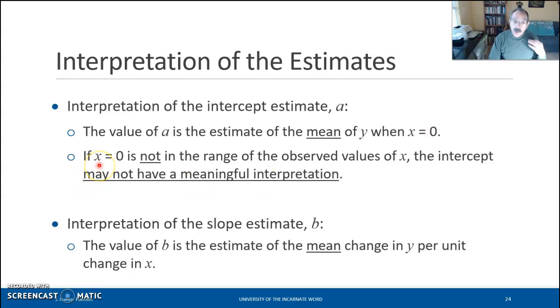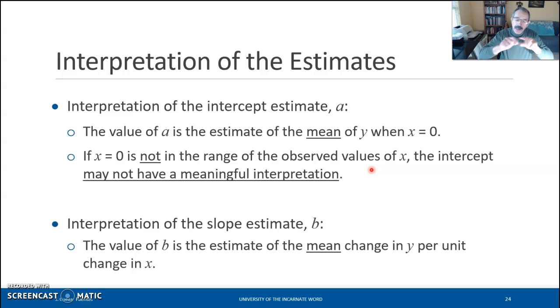One important thing to keep in mind is that if x equals 0 is not in the range of the observed values of x, then the intercept may not have a meaningful interpretation. An example that came to mind is when you invest money to advertise a product, and you see how much sales you're getting per dollar invested in advertisement.